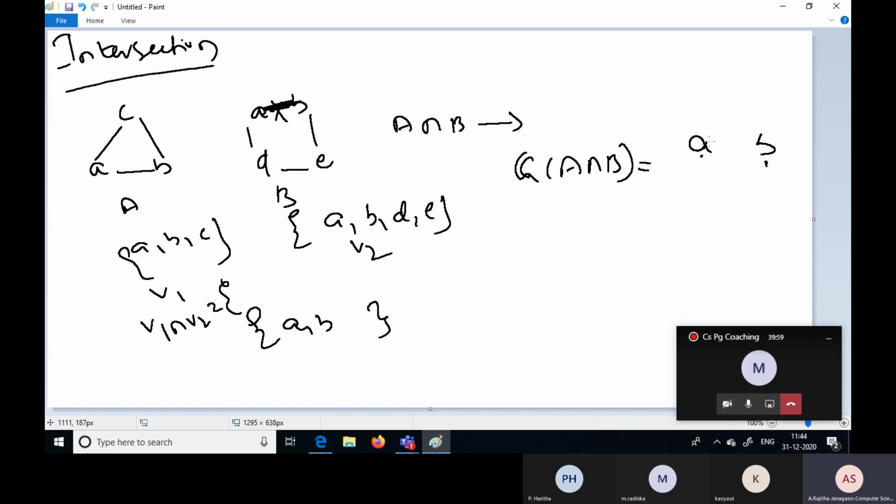This is the concept. Suppose here A to D is there, and suppose you take here B, here D. In this case D is there, but there are no edges. So this is some graph.